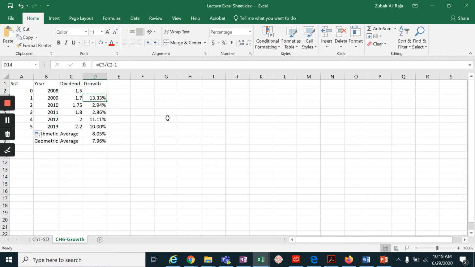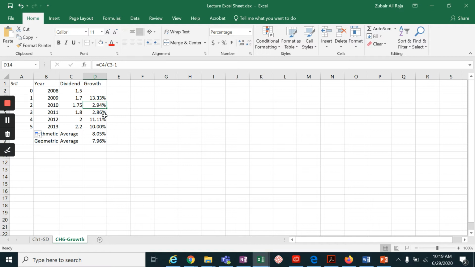So I got 13.33% here. Then for 2010, I again found how the dividend grew compared to 2009, because it is $1.75 in 2010, minus 1.7, divided by 1.7. In this way, I computed the growth rate of this stock's dividend over the 5 years.